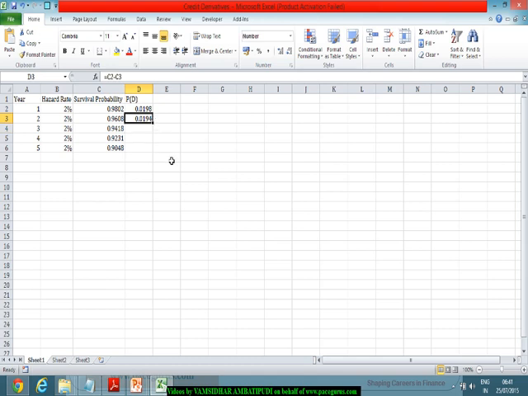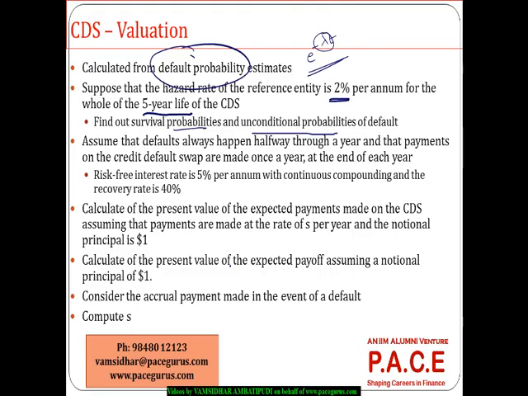Similarly, the probability of default in the third year alone, the fourth year alone, and the fifth year alone works out to these numbers. So this is the chance of a default happening in the first, second, third, fourth, and fifth year. Up to here we have done our assessment.